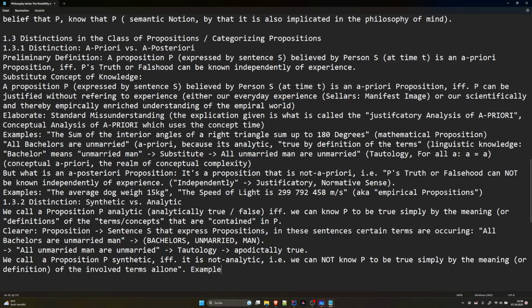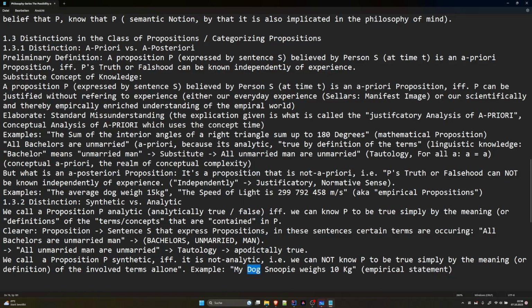And I can give you a very clear example. I can give you many examples because this is a very big class of propositions. So for example, if I say my dog Snoopy weighs 10 kilogram, yes, this is an empirical statement. And there you see the concept of an empirical statement re-emerges.